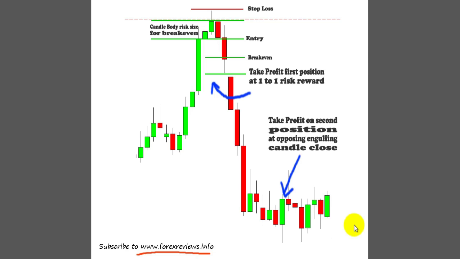And this is the beauty of this as well. You only have to check the charts once a day for daily chart trading. For 4-hour chart trading, you only have to check it once every 4 hours. With the weekly chart, you only have to check it once a week. Once an hour with the 1 hour.